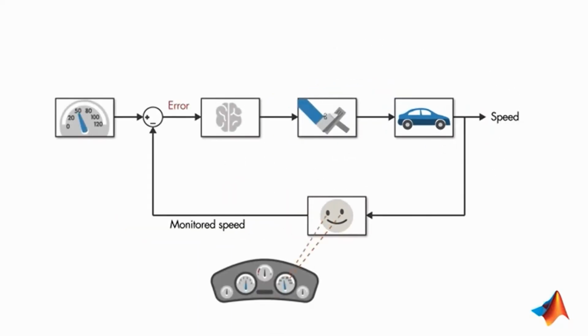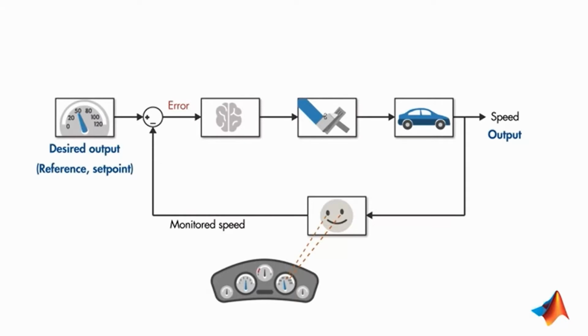Now that we identified the components, let's talk about how they are referred to in control theory. In a feedback control system, the goal is to control the output to a desired value, and that value is referred to as desired output. Other common terms are reference and set point.